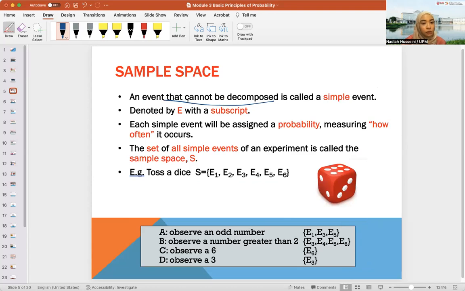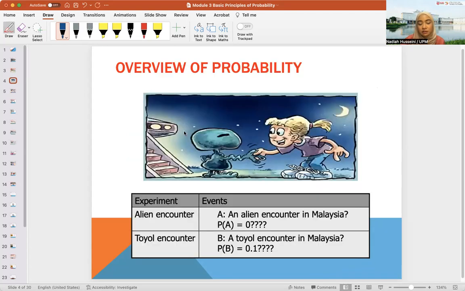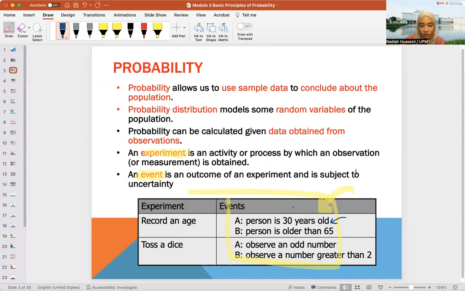A simple event is denoted by E with a subscript. For example, if you have 5 events, you write it like this: E1, E2, E3, capital E with a subscript. Each simple event will be assigned a probability measuring how often it occurs. For example, we are trying to find out the probability of someone who is 30 years old in UPM.